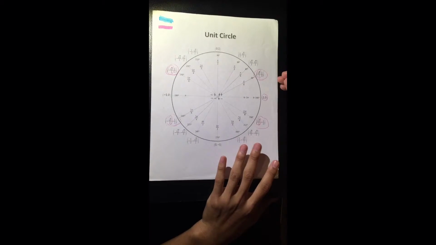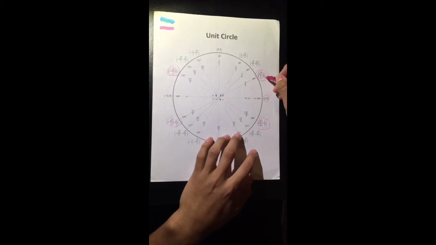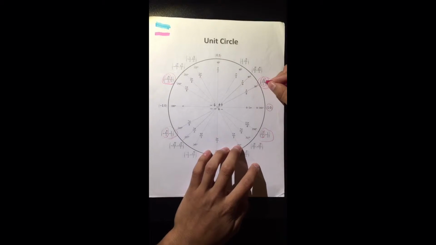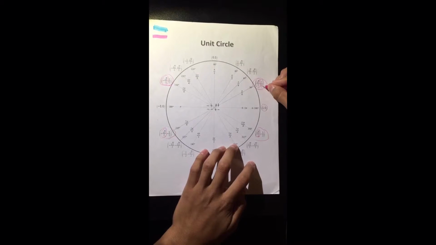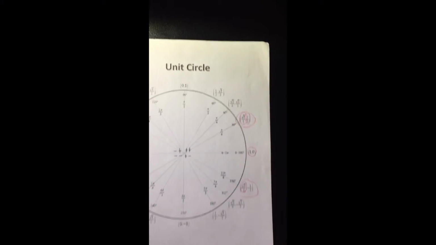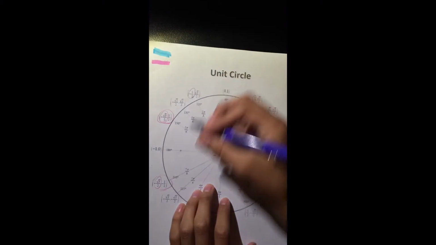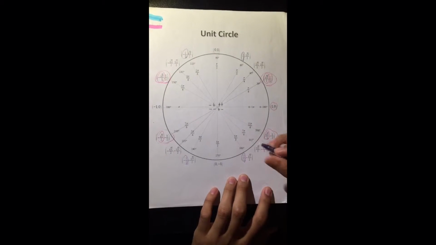And then a fast way to remember what goes in the y of the coordinate is that it's always going to be either square root 3 over 2 or 1/2. So right here you can see that you have 1/2 over here, 1/2 over here, 1/2 over here, 1/2 over here.